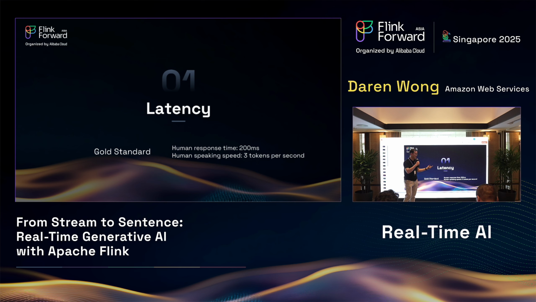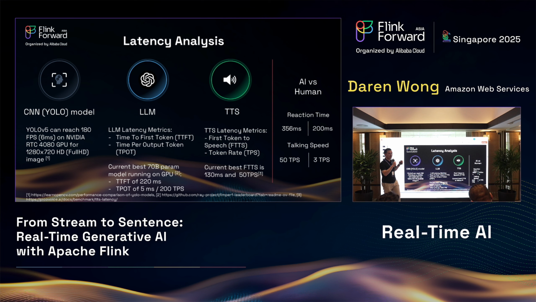And once the response has been generated, next comes the human speaking speed or talking speed. On average, it's about 3 tokens per second or 2 words per second. So these are the two metrics that we want to look at in terms of requirements. Next, let's break down the current solution and look at what latencies we are currently at.